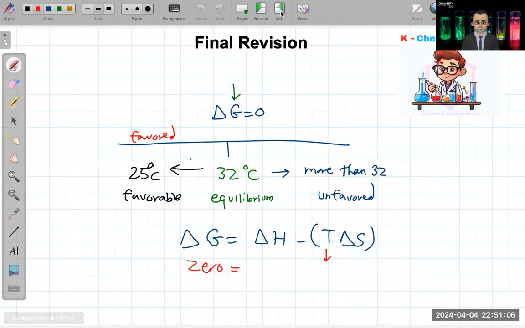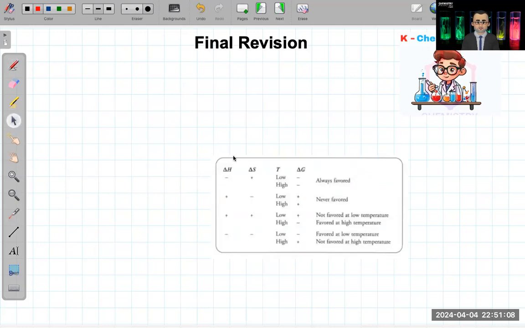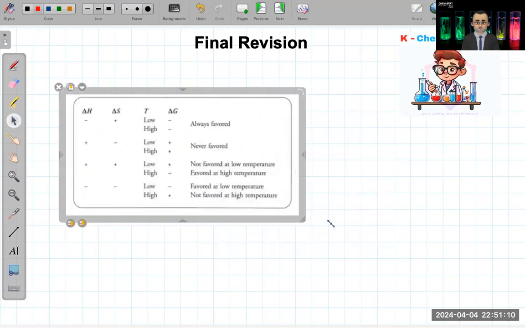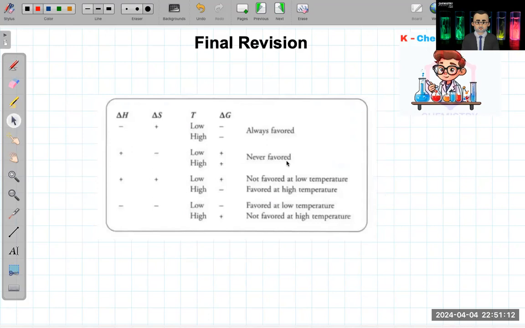I have to memorize this point. It tells me I have a combination of cases for the reaction. If the delta H is negative and the delta S is positive, I will know that this reaction will always be favored, because delta G is negative always. How do you know, mister? Even at low temperature or high temperature, I calculated.